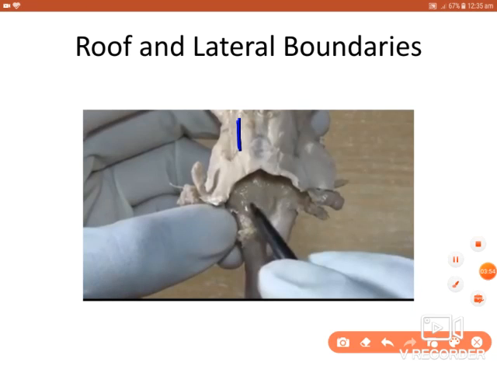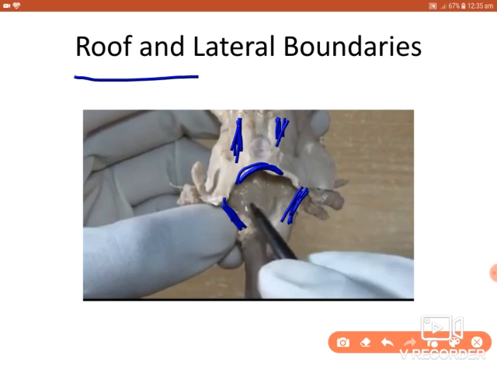Here this is the superior cerebellar peduncle which connects this midbrain with the cerebellum. Here we'll get the inferior cerebellar peduncle which connects this medulla with this cerebellum. So the superior and inferior cerebellar peduncles form the supralateral and infralateral boundaries. Between the superior cerebellar peduncles you can see this area here. This is the superior medullary velum. Here that forms the roof of the fourth ventricle.